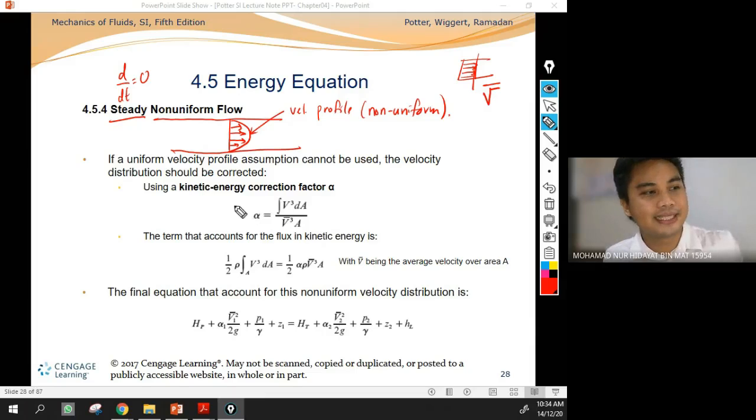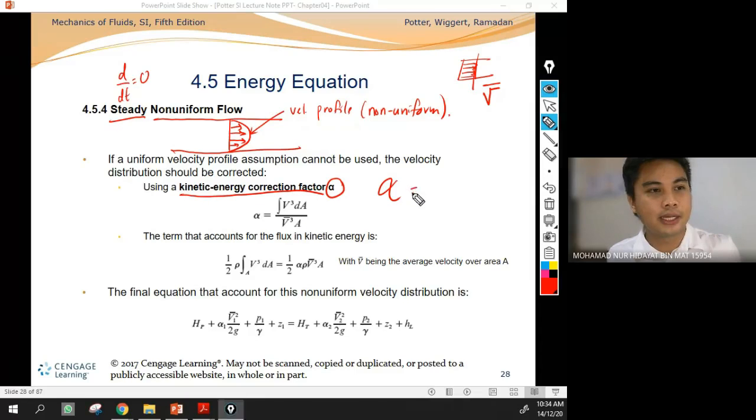So when you try to solve the case of non-uniform flow, you have to apply the kinetic energy correction factor, which is alpha.